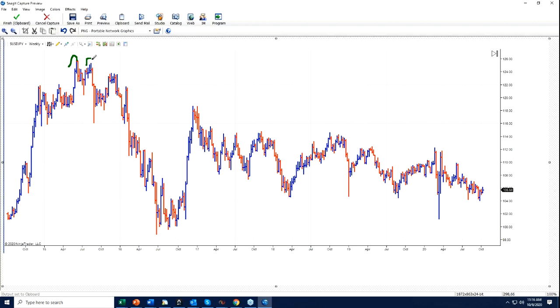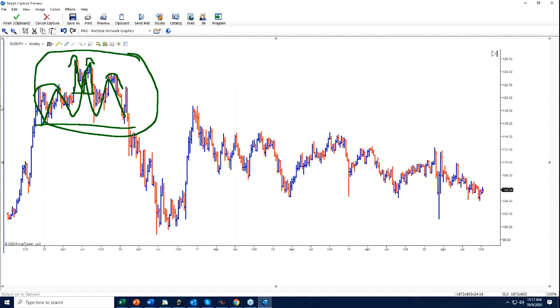It started off with this classic double top where it went to 126, formed this M top, and then right around the same time it also formed this head and shoulders with the neckline a little bit lower. And so this basically has been directing the traffic in dollar yen, meaning I call this a governing price pattern.